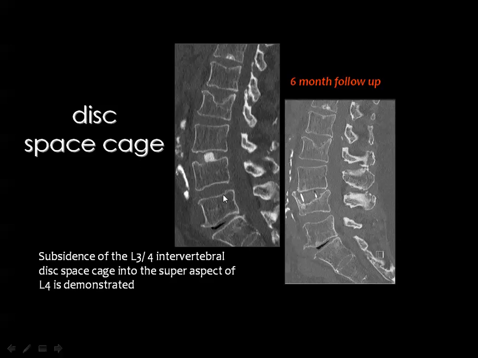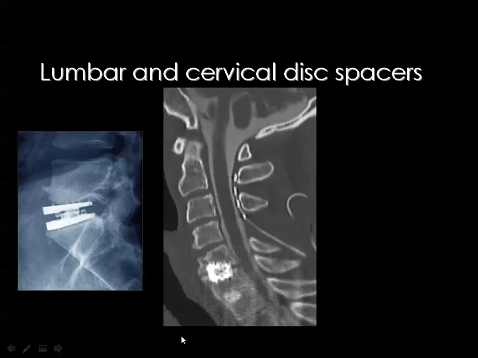And here is one of the complications, where the disc spacer or the disc cage has progressively indented the superior aspect of the vertebra below, ending with this very bad configuration at the level of surgery.